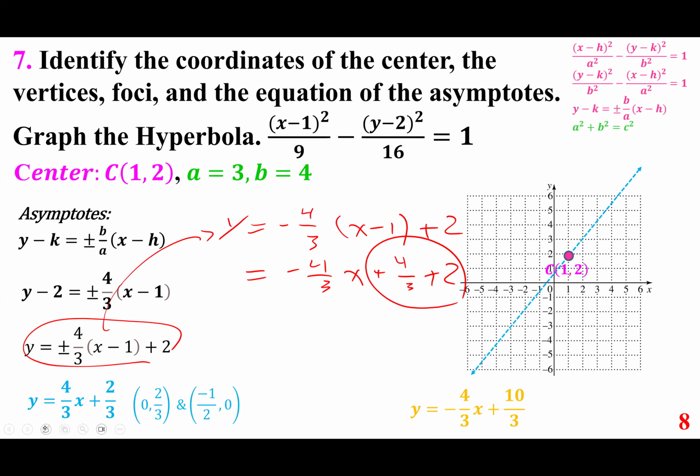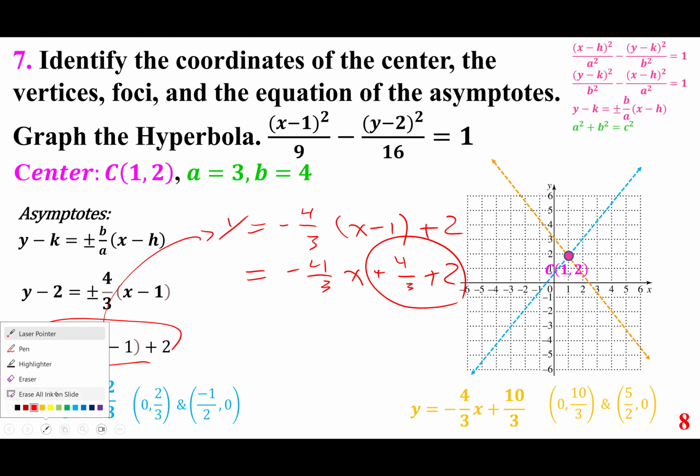And again, 0, 10/3, and then this one, put them together. Or if you replace the y with 0, I hope you can see x becomes 5/2. I'm going to leave it for you to verify that, but 0, 10/3 is clear, and that is the second asymptote. Let me erase my work.